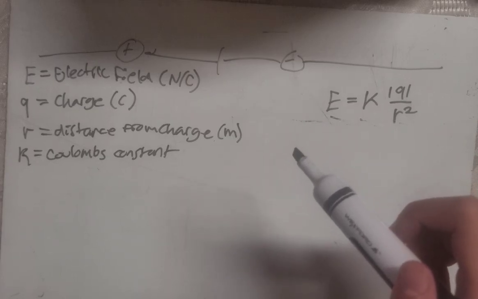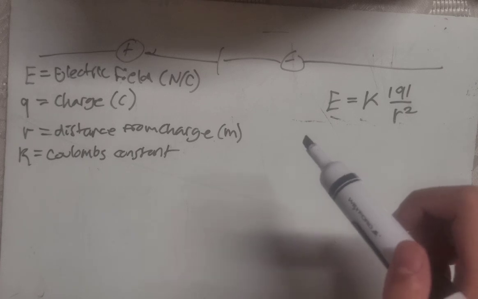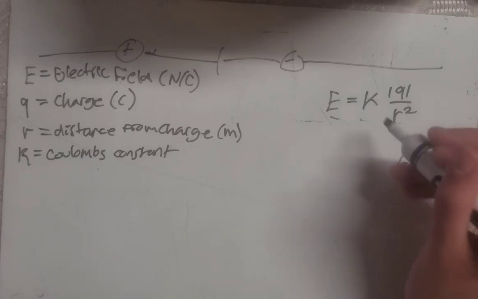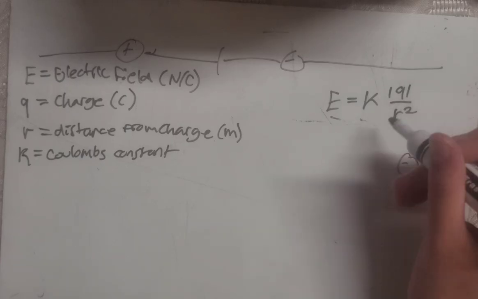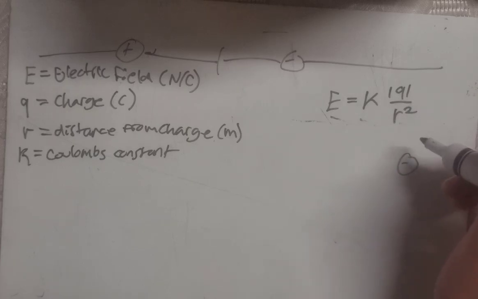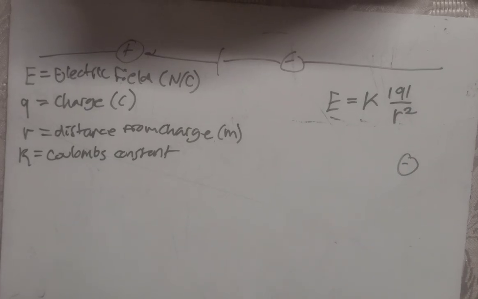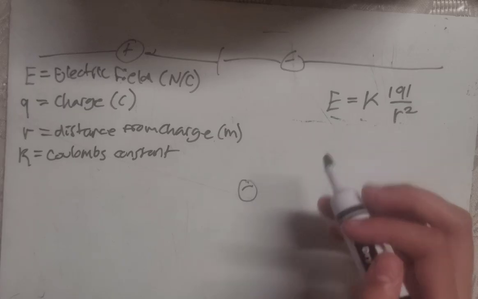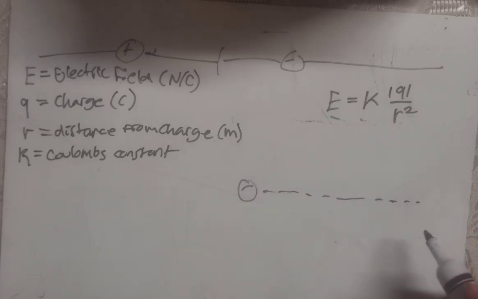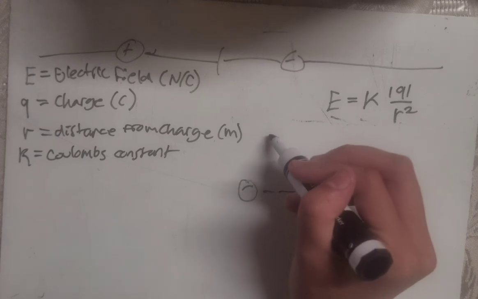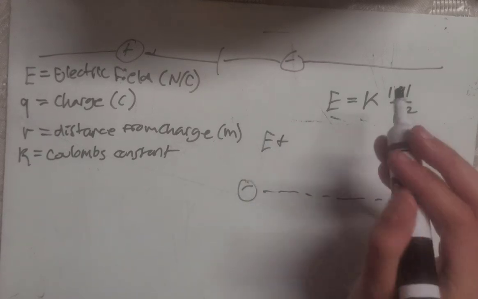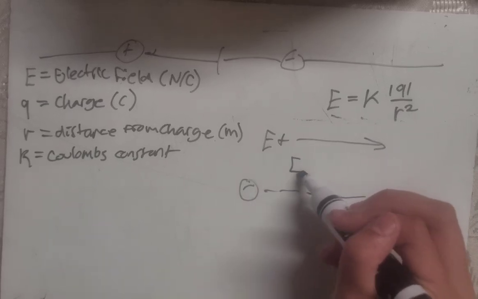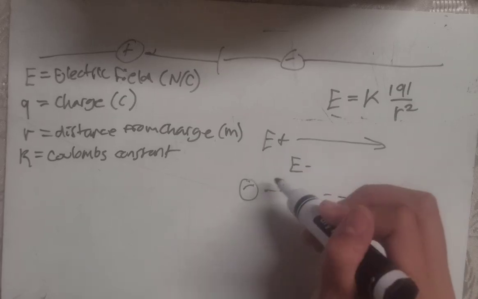Here, the positive electric field would be pointing to the right, and the negative electric field would be pointing to the left.